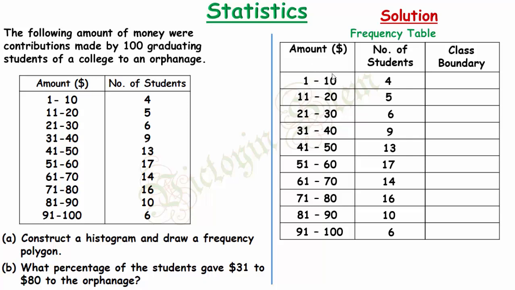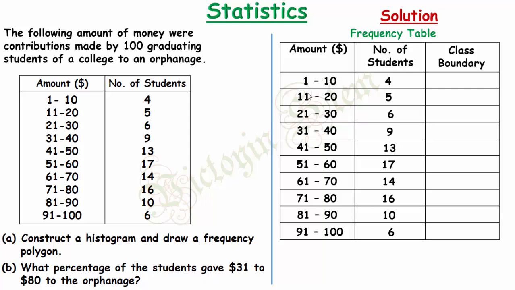Let's look at the trend in this question. The upper class limit of the first class is 10, the lower class limit of the second class is 11. When the upper class limit of the second class is 20, the lower class limit of the third class is 21. So looking at the trend, you agree with me that the lower class limit of a successive class is 1 more than the upper class limit of the previous class.